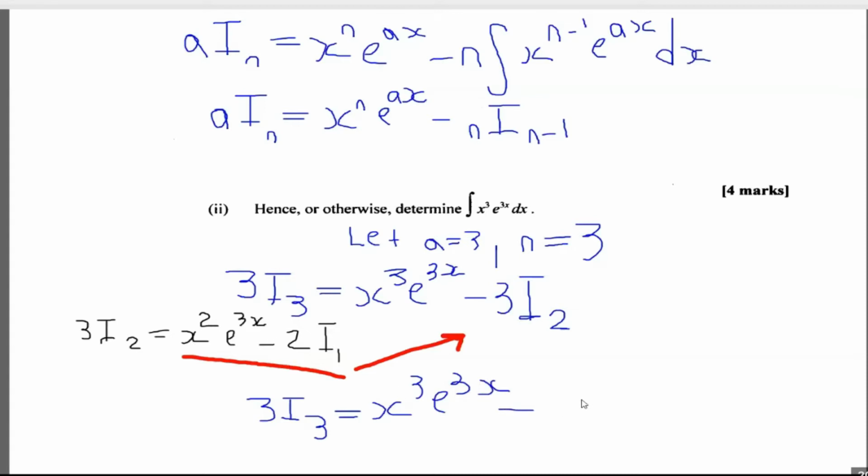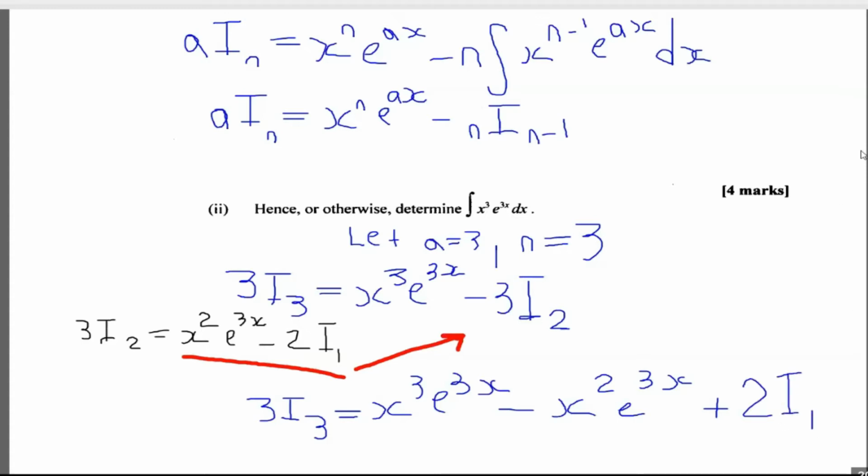So it's minus x squared e to the 3x. But then when we're subtracting all of this, the minus and the minus become plus. It becomes plus 2I1.